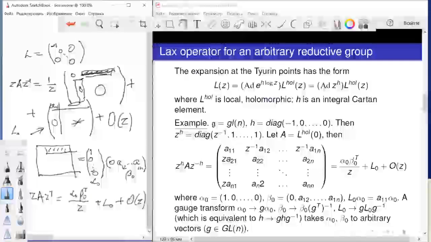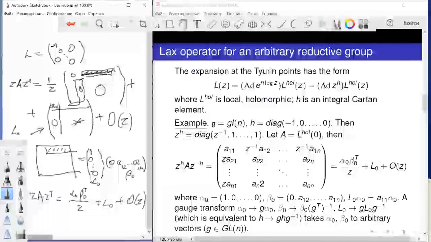The concluding step is the following. Observe that Cartan subalgebra is defined up to conjugation.